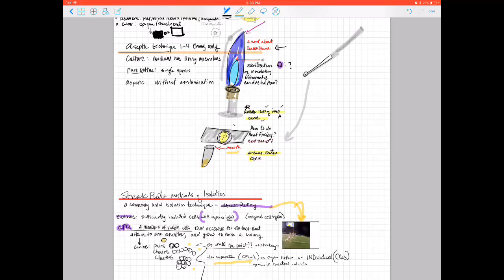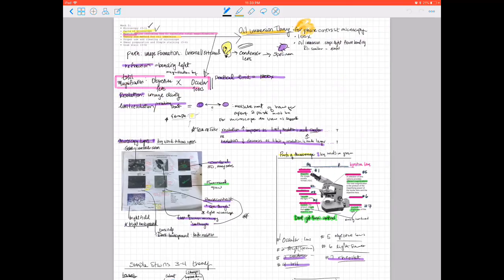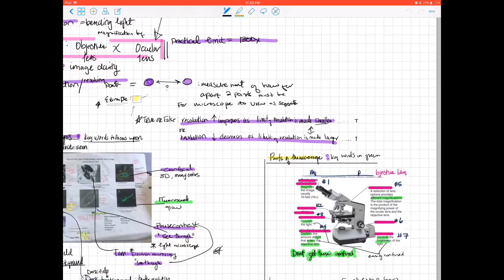And then you have chains, clusters. They can exist in so many ways. And again, it's to separate the colony forming units on the agar surface so that individual CFUs grow in isolated colonies.